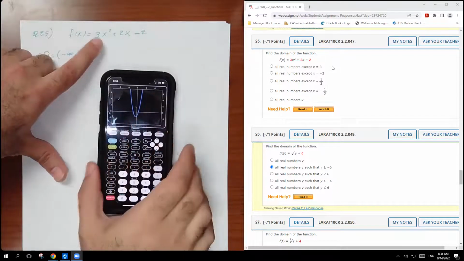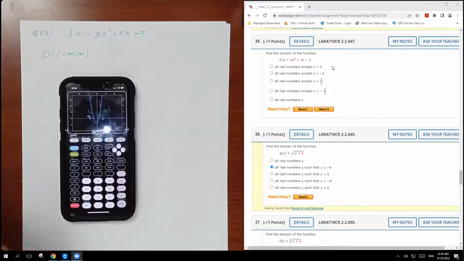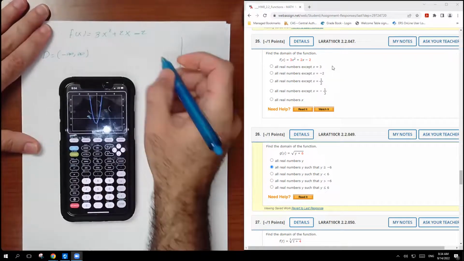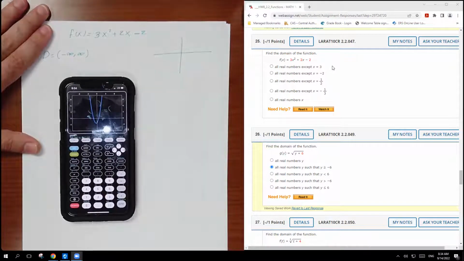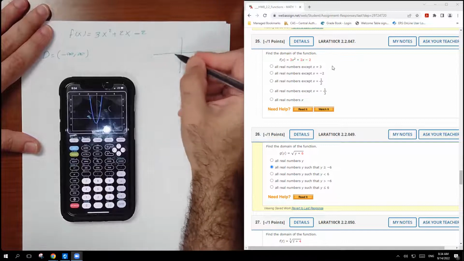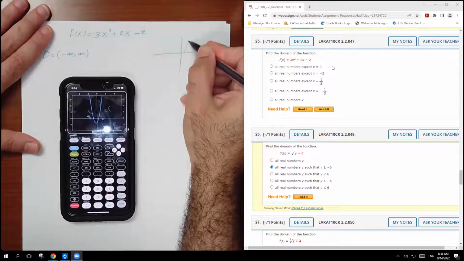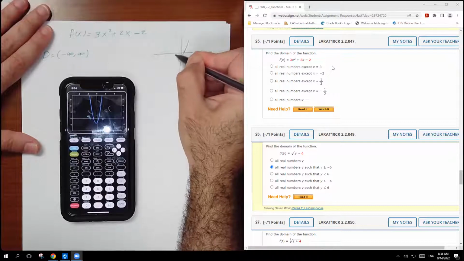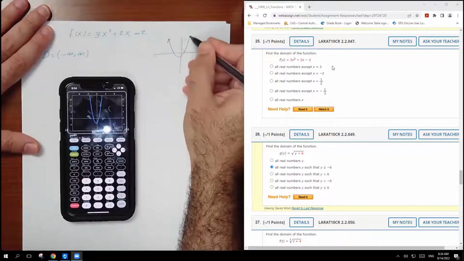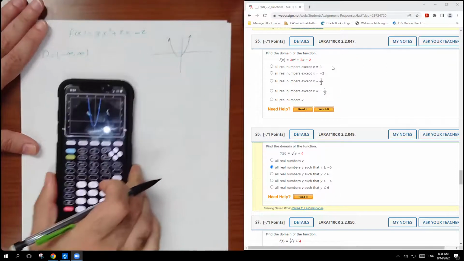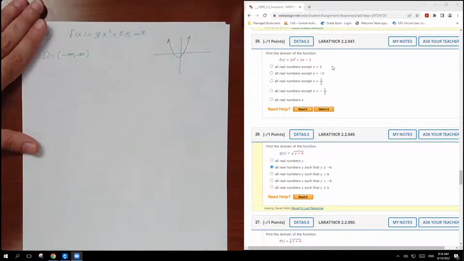How does it look like? The function looks like this. Let's check this one. How can we analyze that?